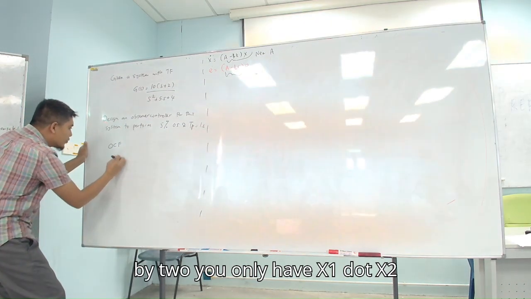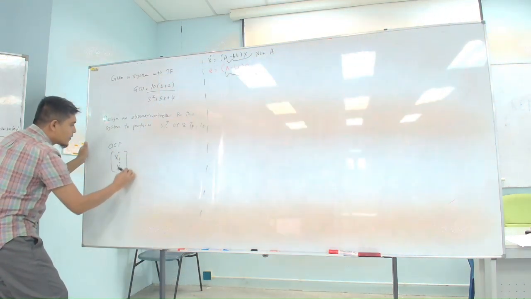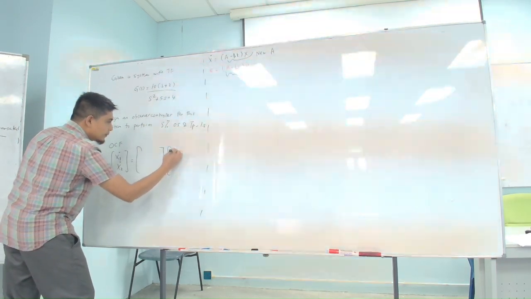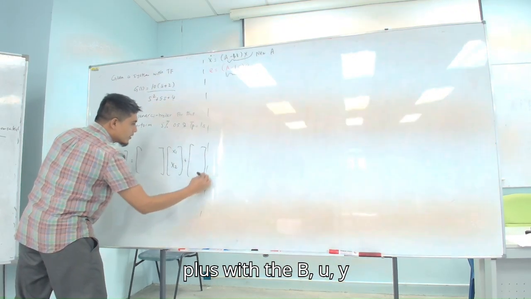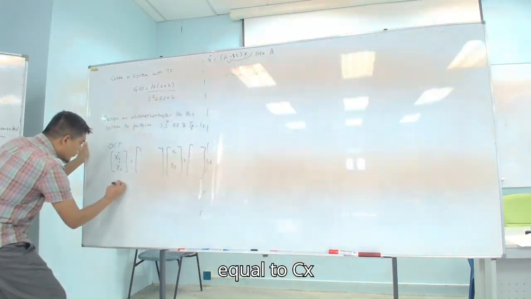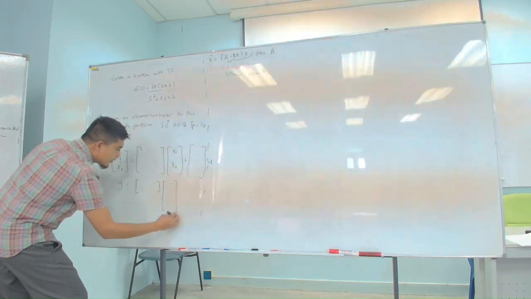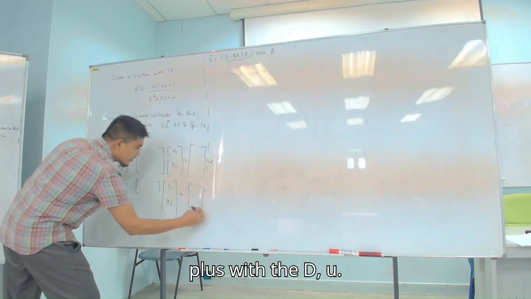If 2 by 2, you only have x1 dot, x2 dot only. You have Ax plus Bu, y equals Cx plus Du. Okay.